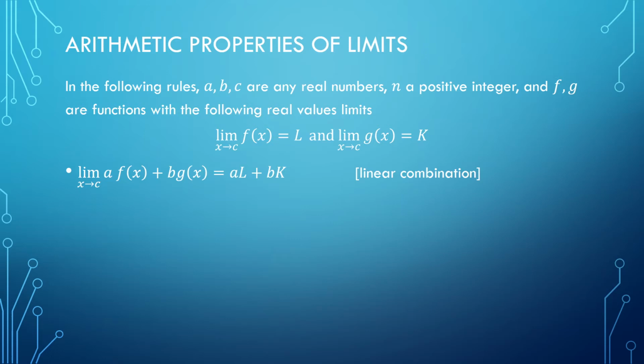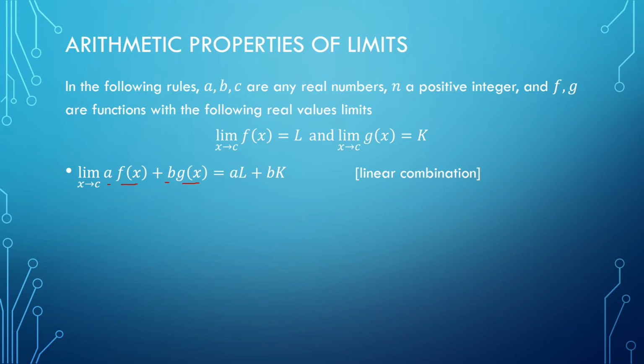That's a fancy way of saying just add together the two functions with a coefficient. So if we have a times f plus b times g, then that's a new function, and as x approaches c, that new function approaches the same linear combination of the limits of the old functions.